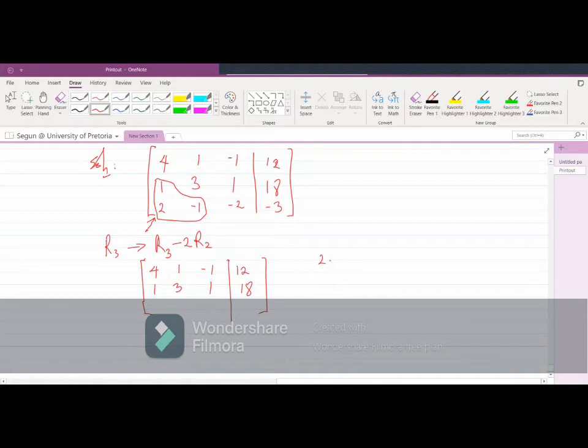The first element, 2 minus 2 times 1, which is 0. Put 0 here. Then the next one, -1 minus 6 is -7, not 7.